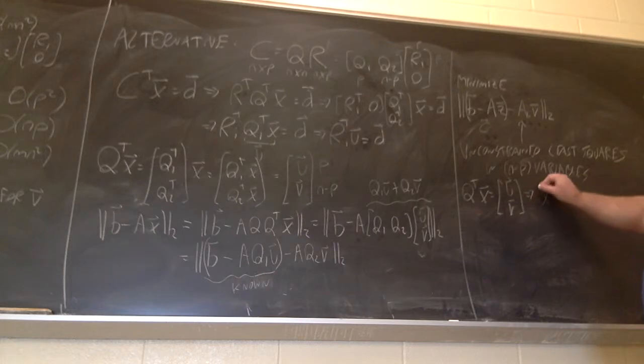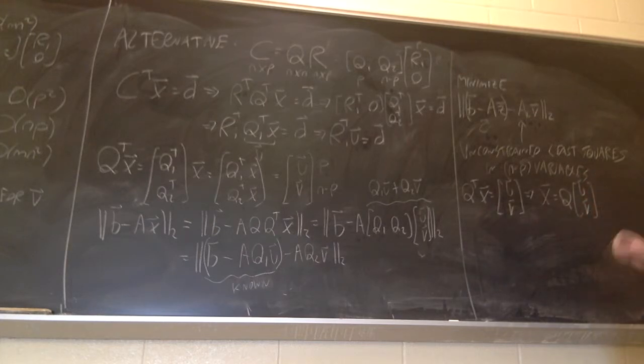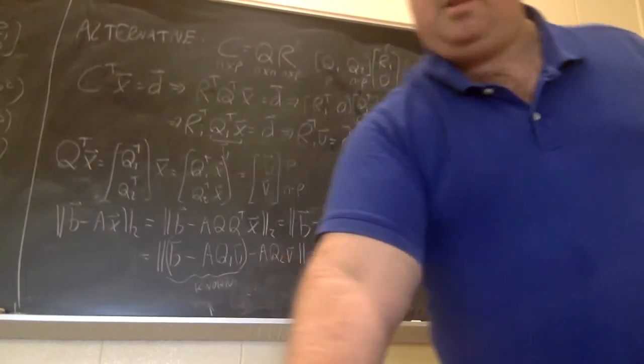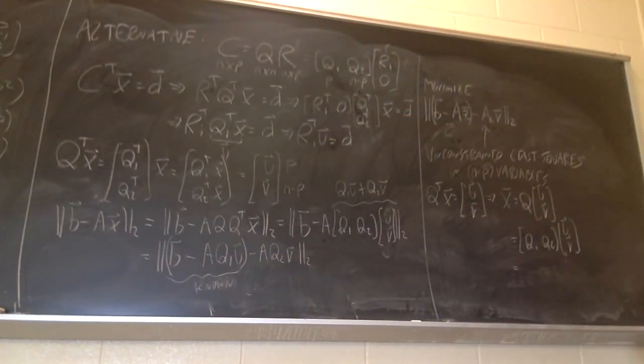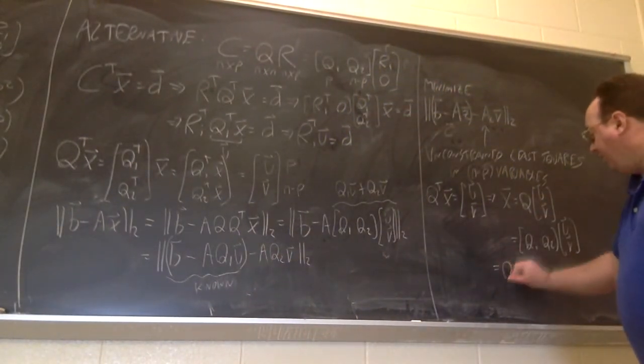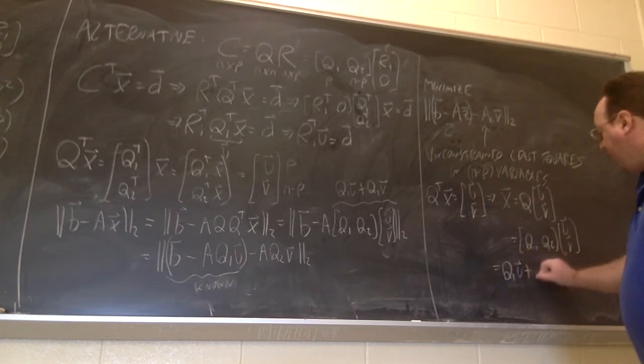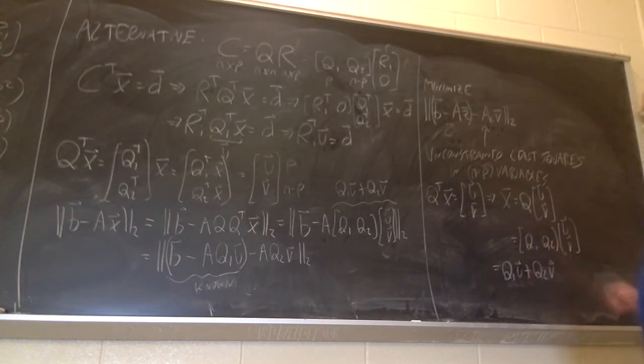So I get X is equal to Q times UV. Now, Q has its two parts, Q1 and Q2, times UV. So I write that out, the product, and that's equal to Q1U plus Q2V.